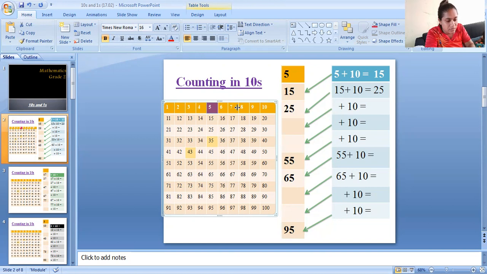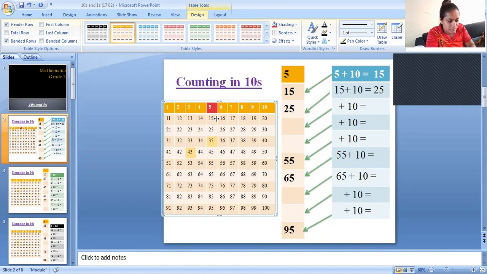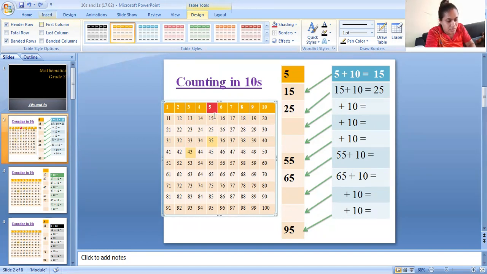Let's count. 1, 2, 3, 4, 5, 6, 7, 8, 9, 10. So I will mark this also in red.